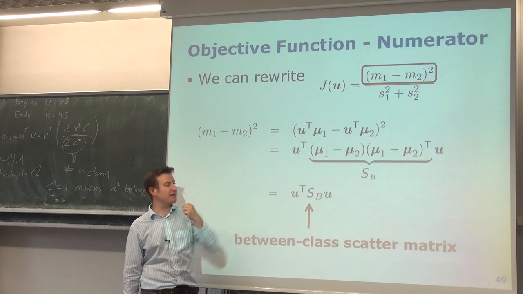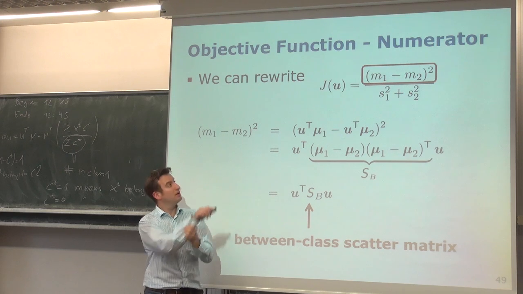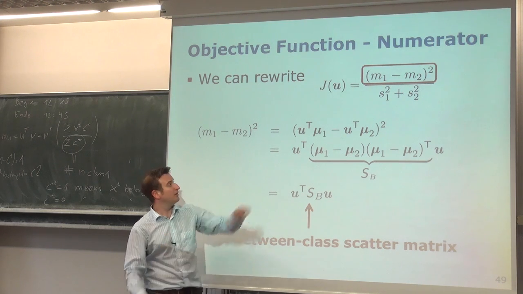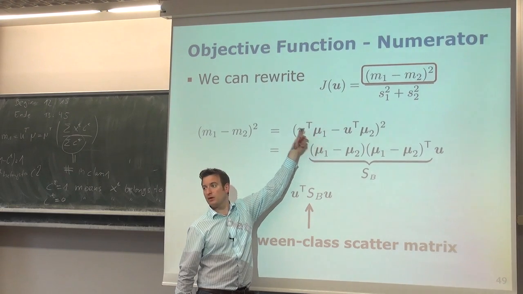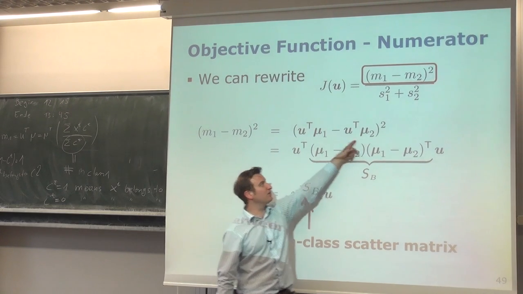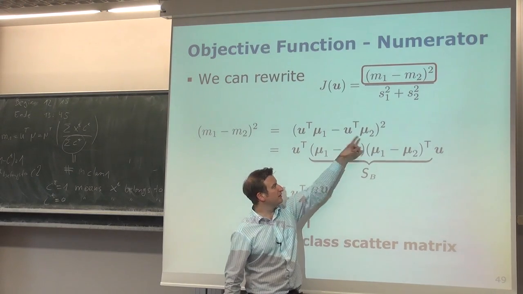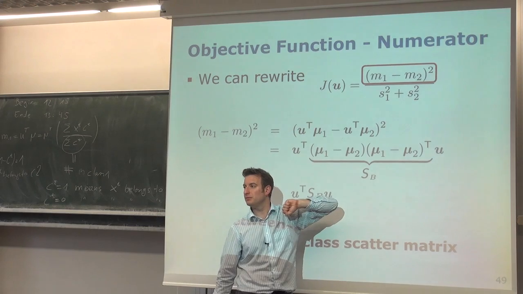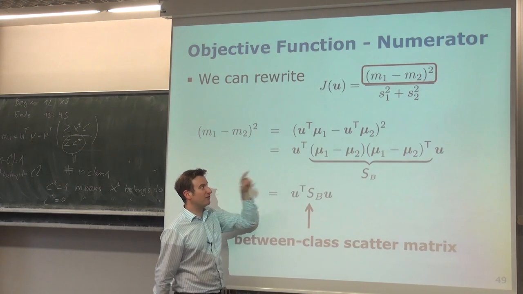And it should be clear that they depend on u, therefore I'm rewriting that so that this expression depends on u, because my objective function is in u. So this is the mean of class 1 projected along u minus the mean of class 2 projected on u. This should be maximized.